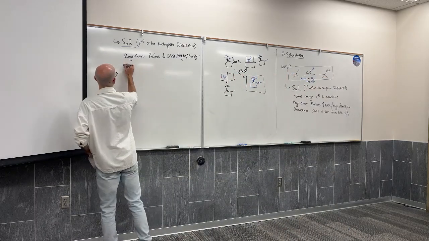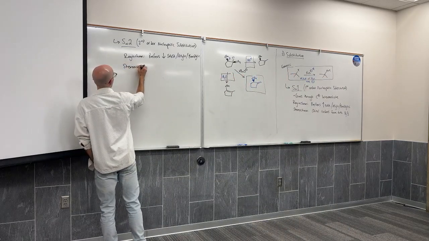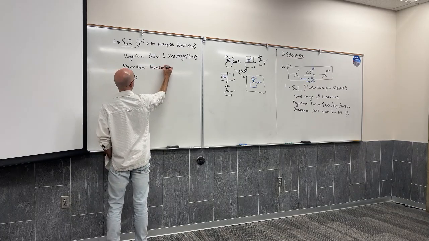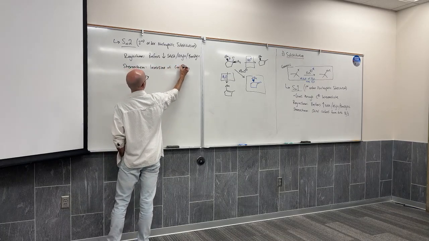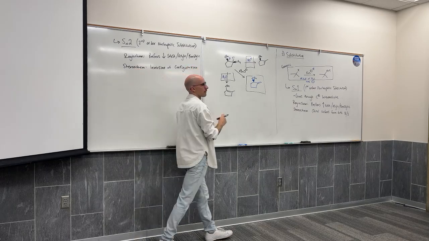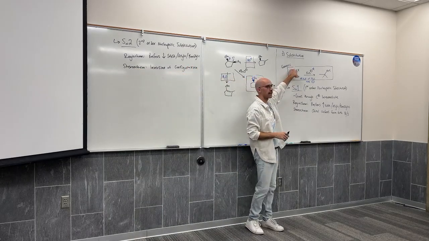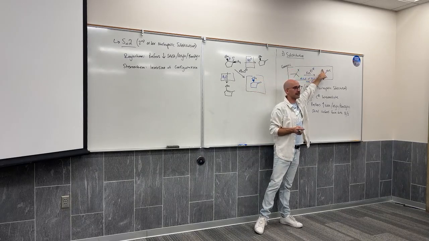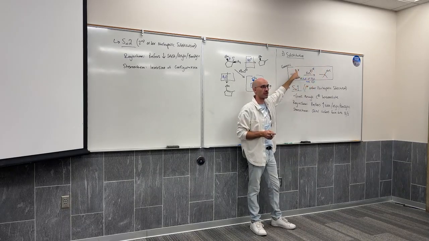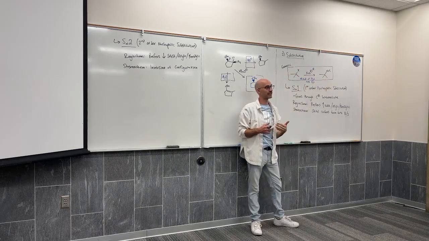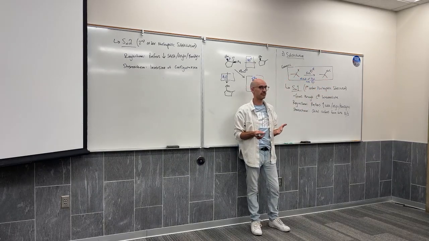The stereochemistry is described as inversion of configuration. If the group that leaves was R, the new group is S. If the group that leaves was S, the new group is R. If it's not a chiral center, you wouldn't know the difference.